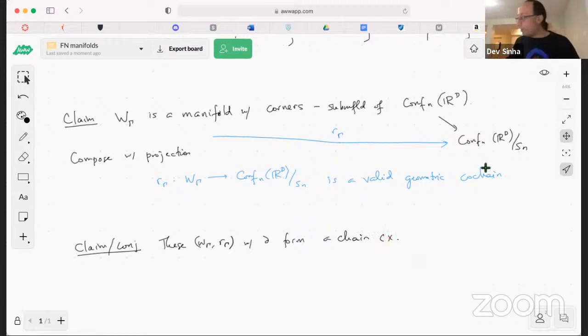You get a new manifold with corners. And then, of course, it's going to be a subcomplex of what we call the geometric cochains. I often use gamma, but I'll just call it C geom of this configuration space. But then the claim is that that's a quasi-isomorphism. So this is not finite, it's finite degree-wise.